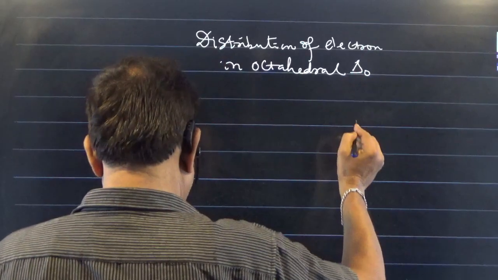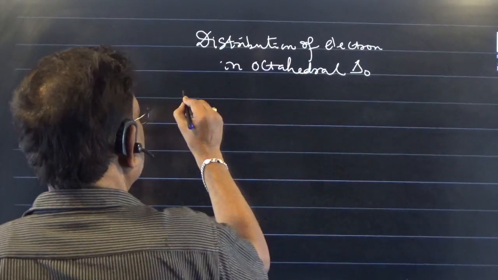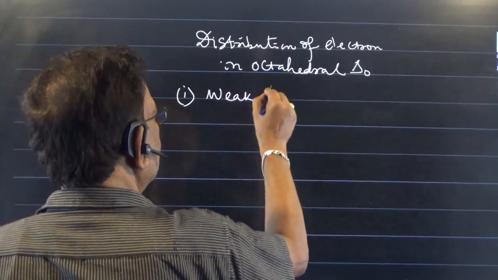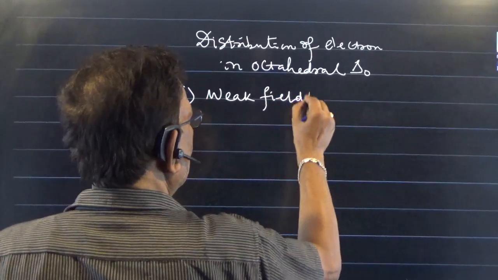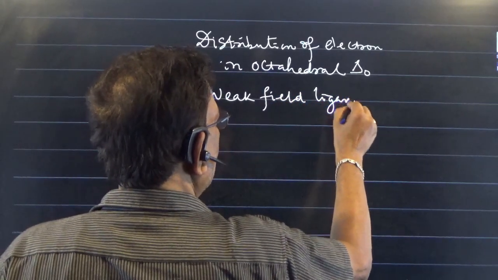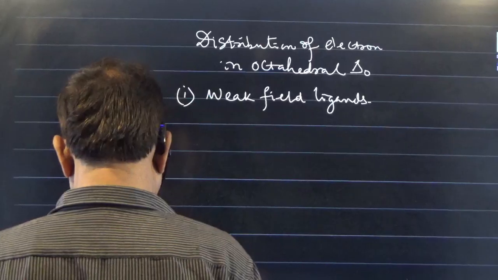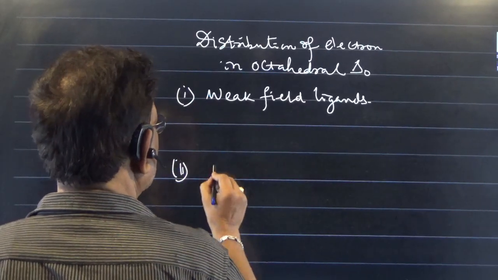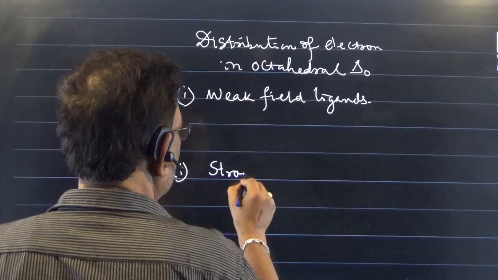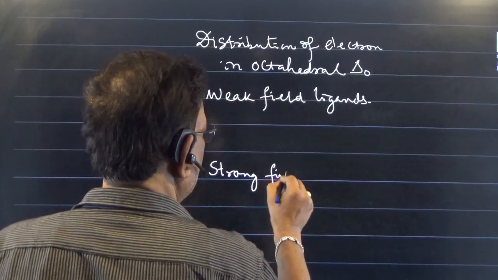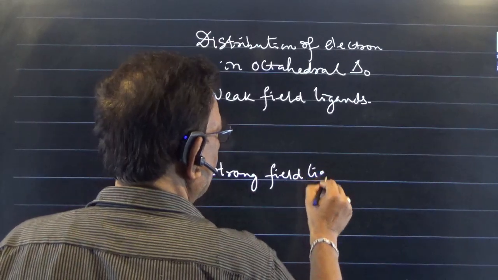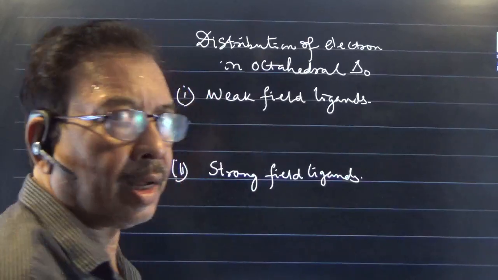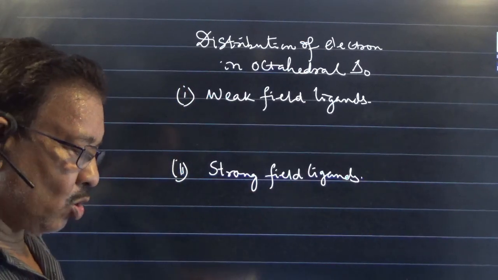Delta O means octahedral. Here two cases arise: number one, for weak field ligands, and number two, for strong field ligands. How to fill up the electrons in weak field and strong field.